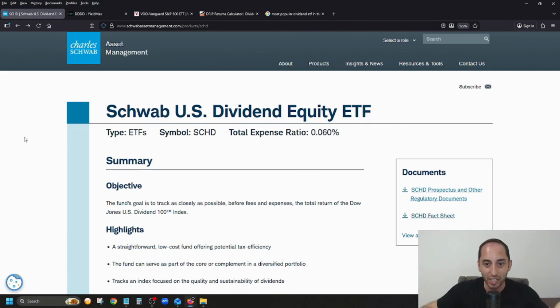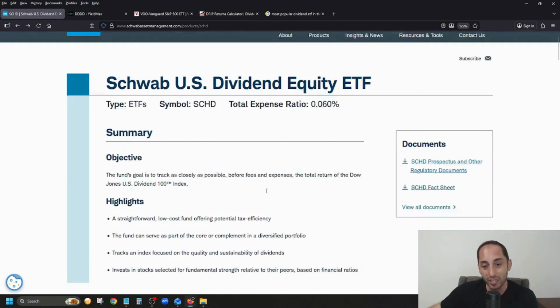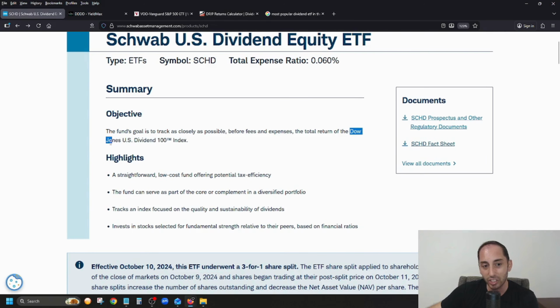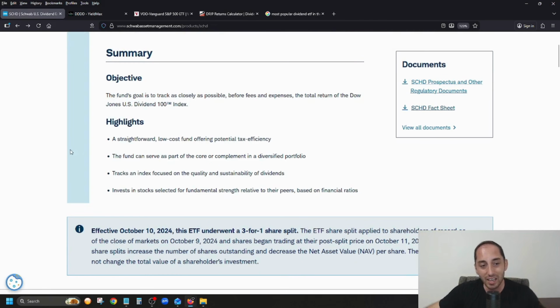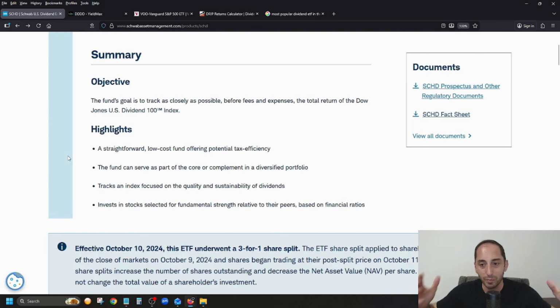What is SCHD? Well, SCHD is a low-cost dividend-oriented ETF that holds approximately 100 high quality dividend stocks in the US. It actually tracks an index called the Dow Jones US Dividend 100 index. And as you can see in the highlights here, I'm on the main page. It tracks an index focused on the quality and sustainability of dividends.